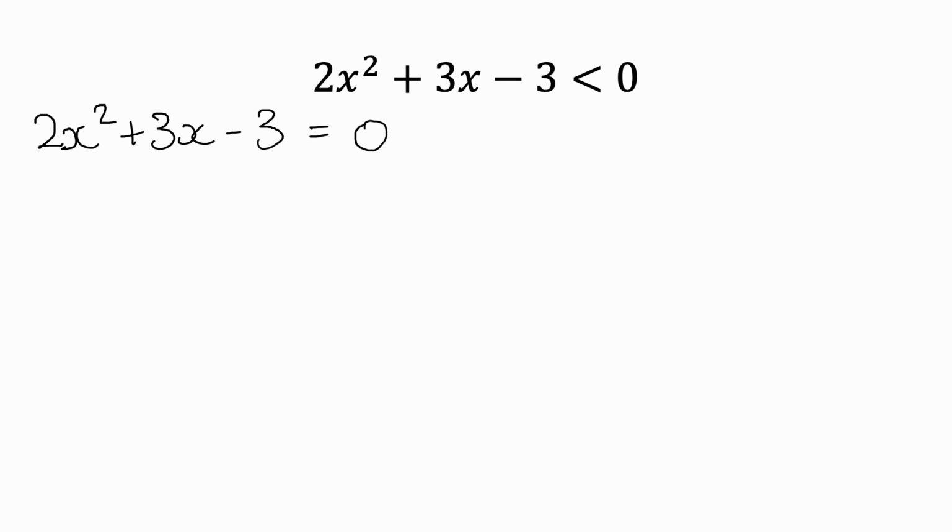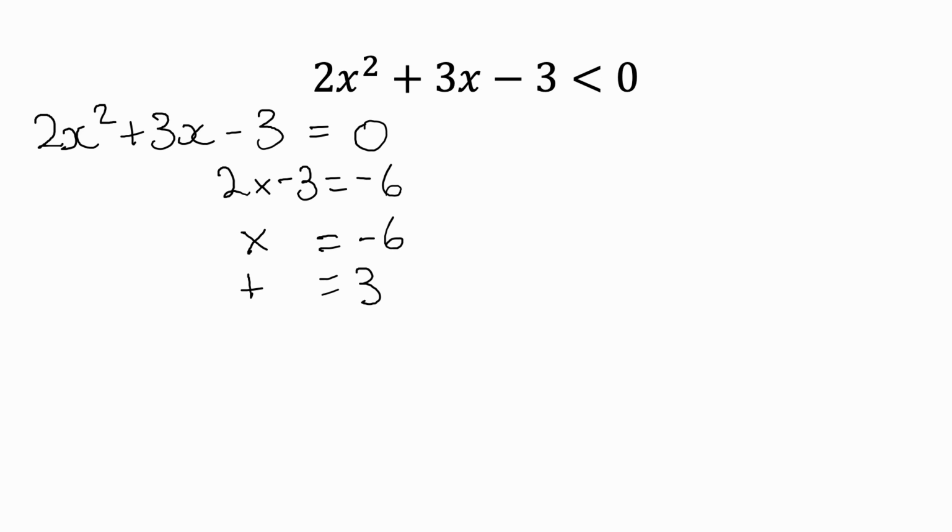Now that we've got a 2 next to the x squared, we multiply that 2 by the negative 3, which makes negative 6. We have to find two numbers that multiply to make negative 6 and add to make 3.